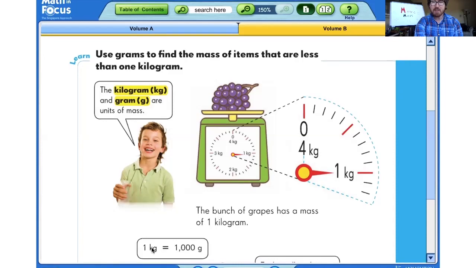Now, 1 kilogram equals 1,000 grams, just like with kilometers and meters, 1,000 meters equaled 1 kilometer. And if we look right here, 0, 100, 200, 300, 400, 500, that line helps us, 600, 700, 800, 900, 1,000 grams, or 1 kilogram.